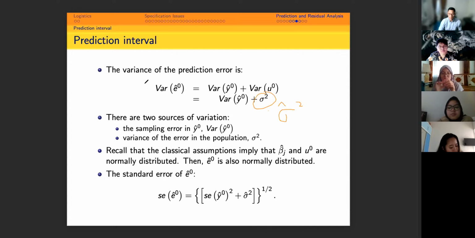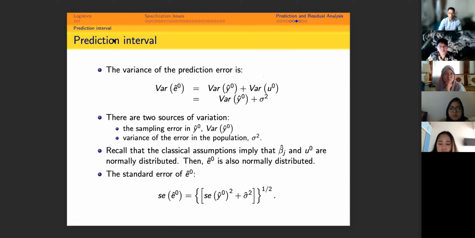When we take the square root, we no longer have a standard deviation but a standard error, because we're using the sample variance. The classical assumptions imply that beta hat j and u are normally distributed, so e hat is also normally distributed. Some of the variance in the prediction is explained by the sampling error, and some by the variance of the error in the population.